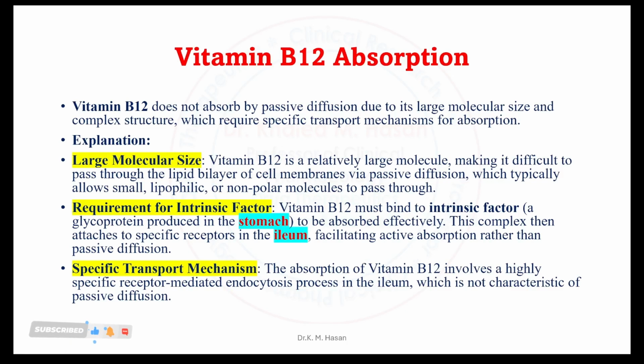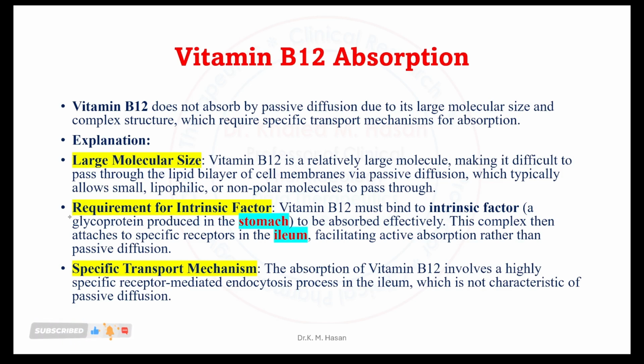Vitamin B12 absorption: as you can see here, vitamin B12 does not absorb through passive diffusion due to its large molecular size and requires a specific transport system for absorption. So number one, vitamin B12 is considered a large particle size. We need a specific intrinsic factor that is available in the stomach.